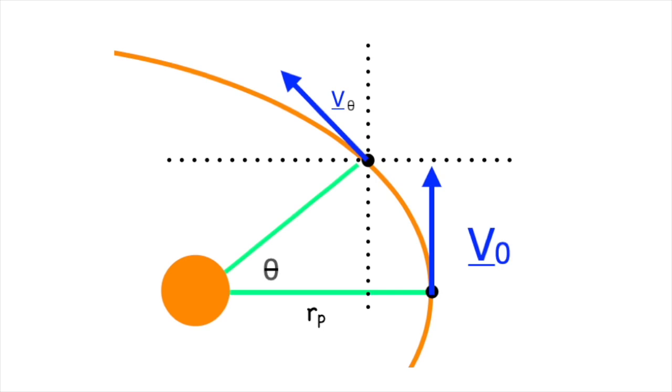Now we want to go back to our diagram in real space and find the relationship between beta and phi. Notice that I have drawn two dotted lines through the planet. They are perpendicular to each other. Let's call them x and y.